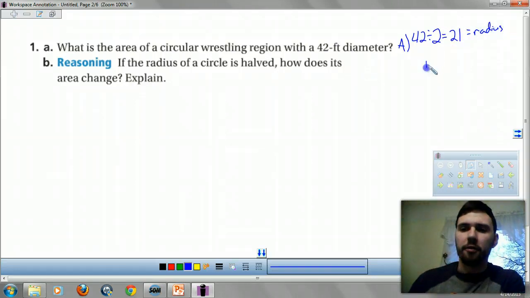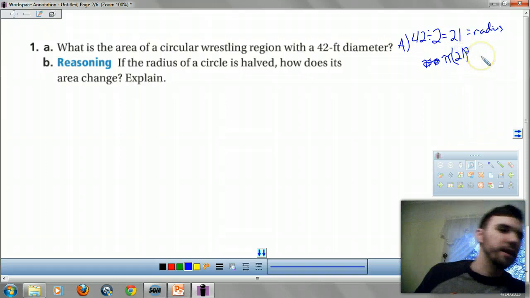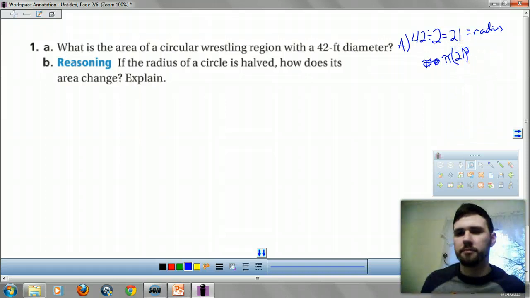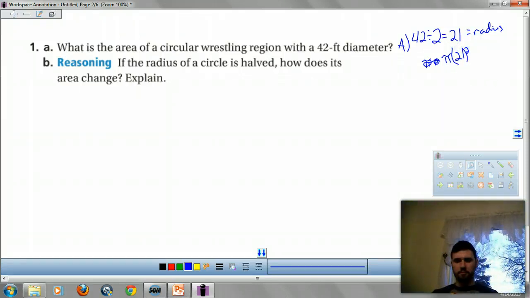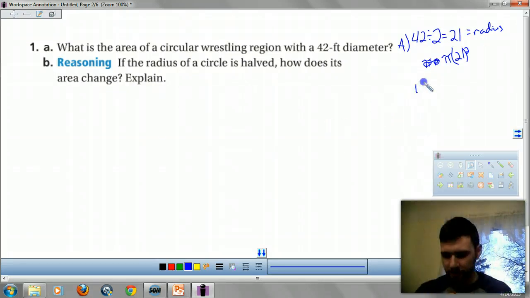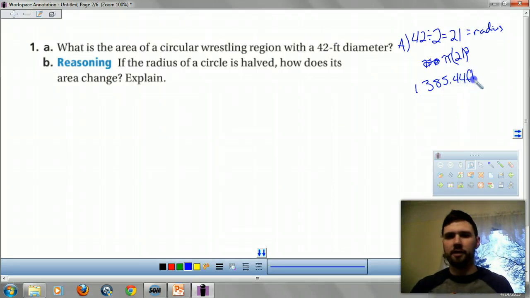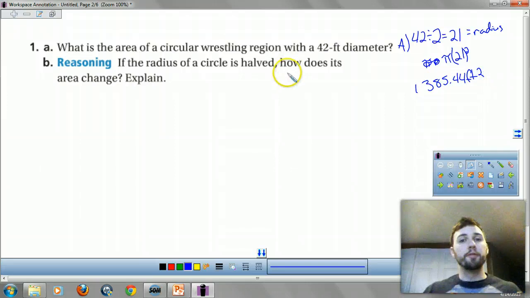So I plug in my formula, pi r squared, and I plug that in my calculator. And the area is 1385.44 feet squared.